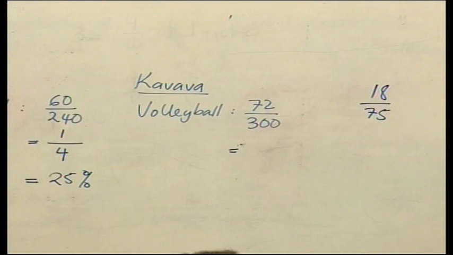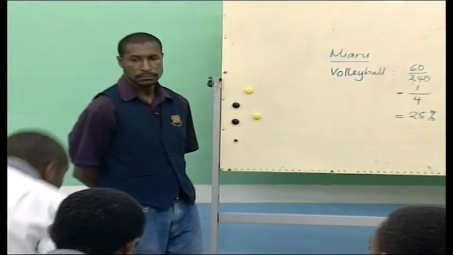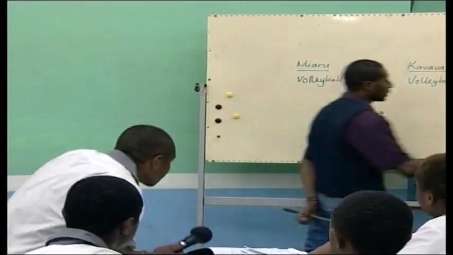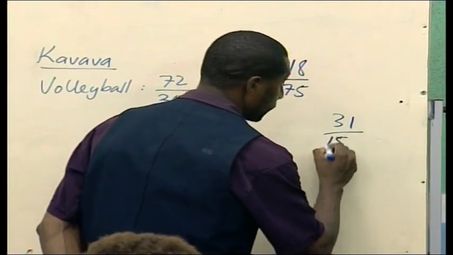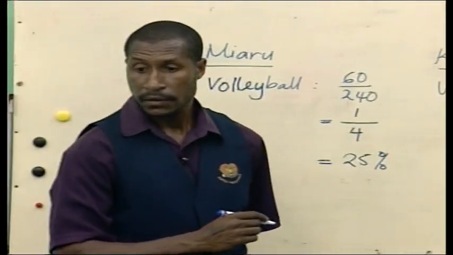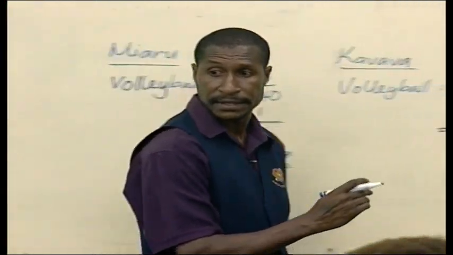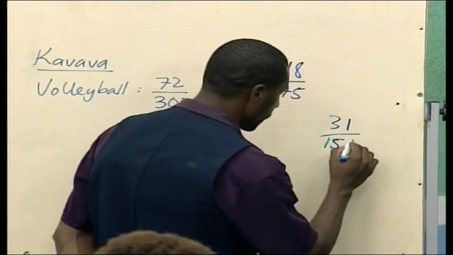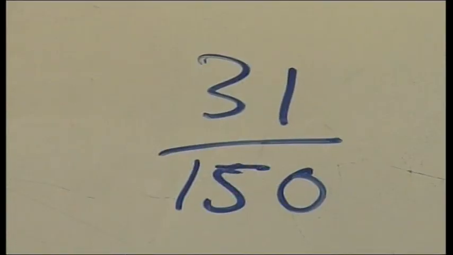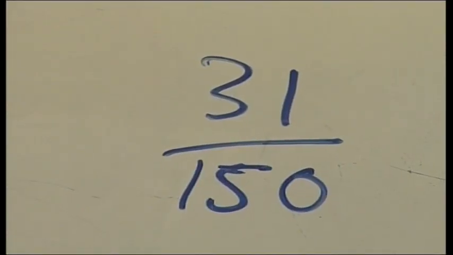Alan, you have an answer? Okay, Alan? 31/15. 31/15? 50 or 50? 31 over 150. Any more answers?